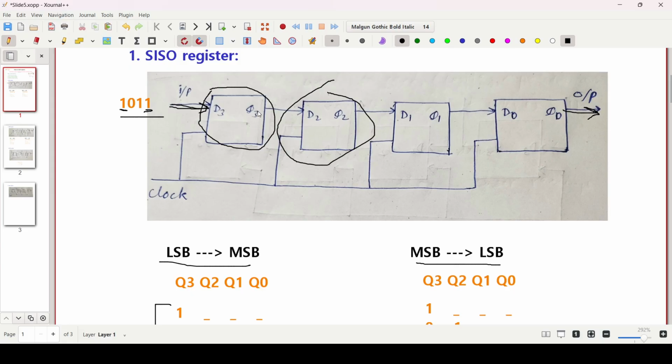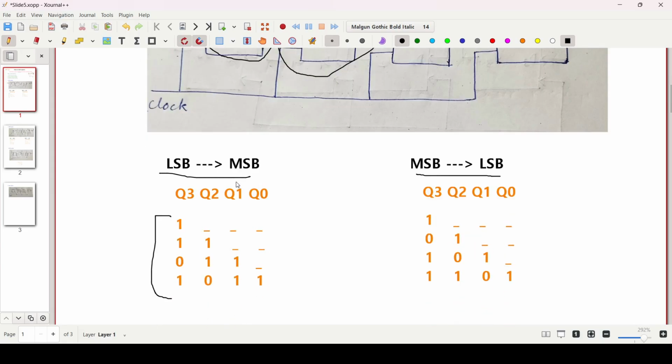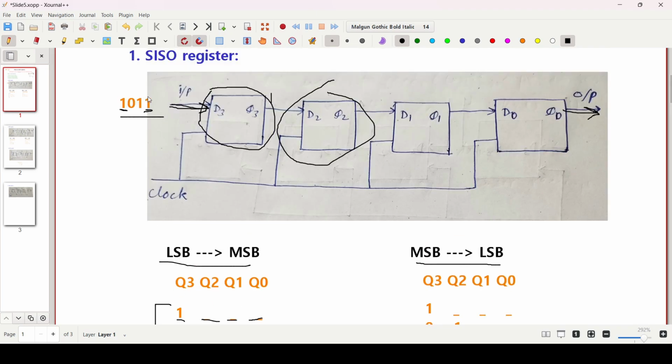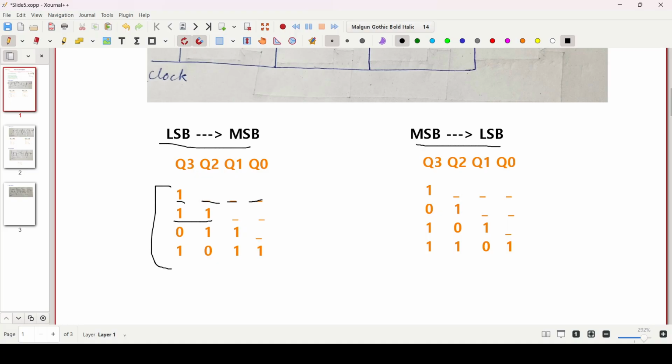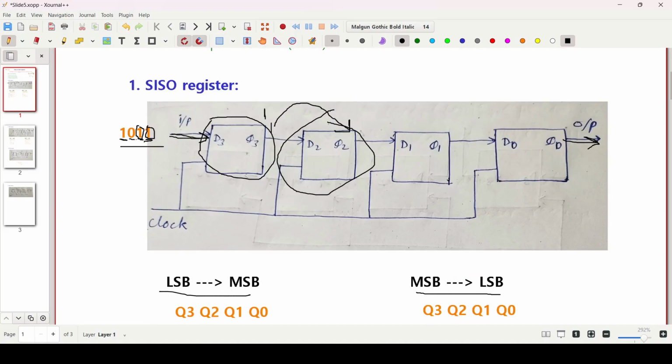Then here we will get 1. So here is 1, and all the rest of the 3 places are empty right now because we have inputted only one bit. Now let us input this one, then this one will be shifted to Q2 and this one will come here, so the position will be 1 1. Now let us input 0, then this one will be shifted to Q1, this one will be shifted to Q2 and this 0 will come here.